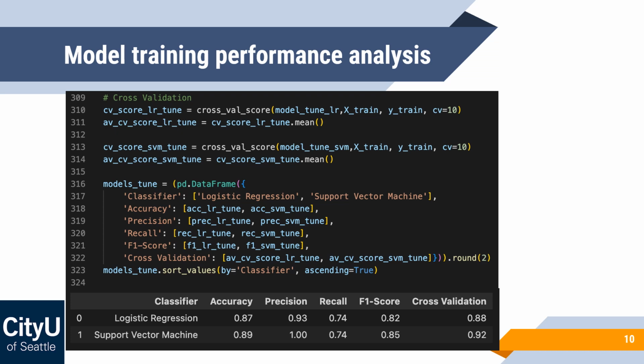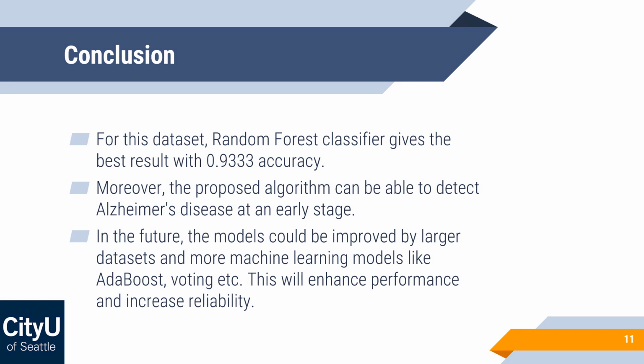While the support vector machine, we have accuracy of 89, precision is 1, recall is 74, F1 score is 85, while the cross-validation is 92. So this is only one of the models that we experimented on. Actually, two of the models that we experimented on.